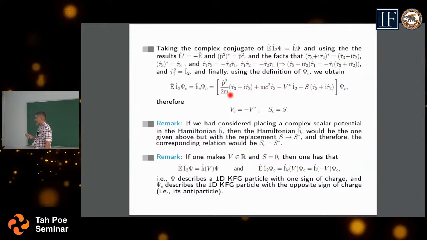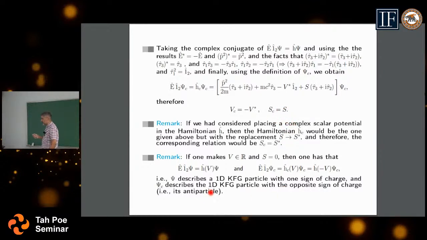And this equation implies that VC, the transformed electric potential, is minus V asterisk, and the transformed scalar potential is just S. For example, if we suppose from scratch S is complex, SC is equal to S asterisk. In this case, I suppose it's a real potential.